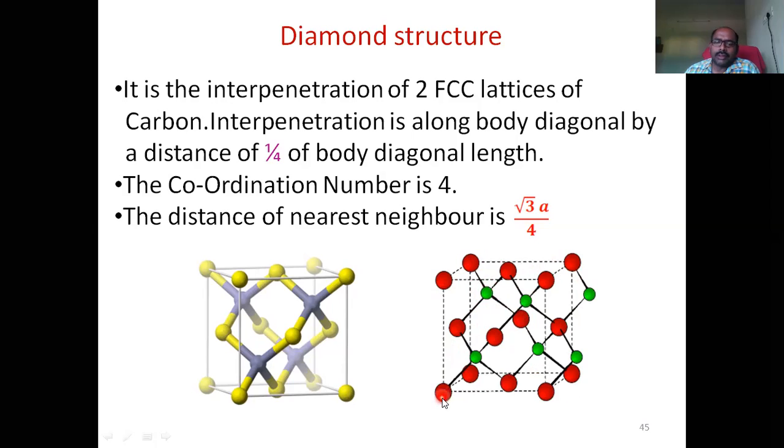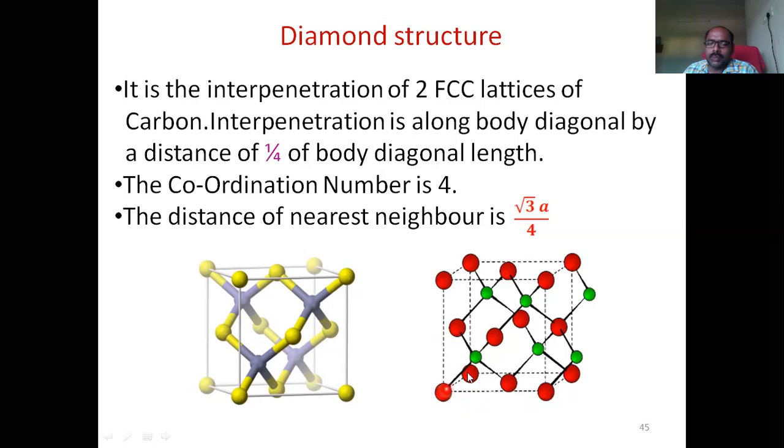If we see these 2 points, after that we are displacing the second unit cell along the body diagonal by this length, 1 by 4 of the body diagonal length. Whenever they are coinciding, there is one green point here and one more green point here, and it is a face center point.